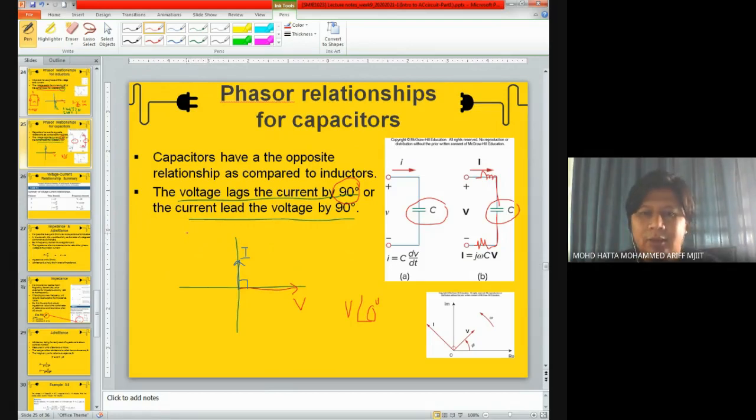This voltage lagging current and current leading voltage by 90 degrees only happens if you have only a capacitor in your circuit, considering this is an AC circuit.